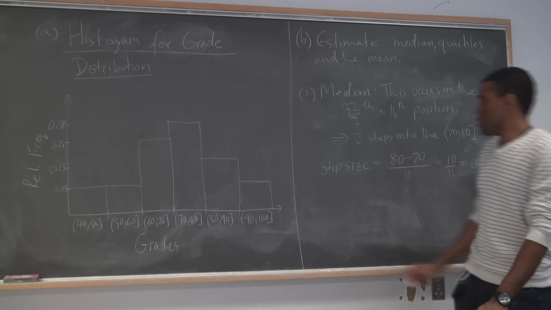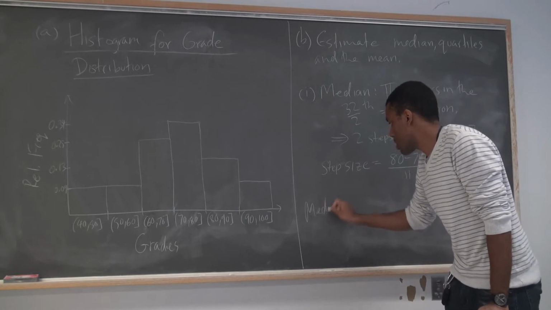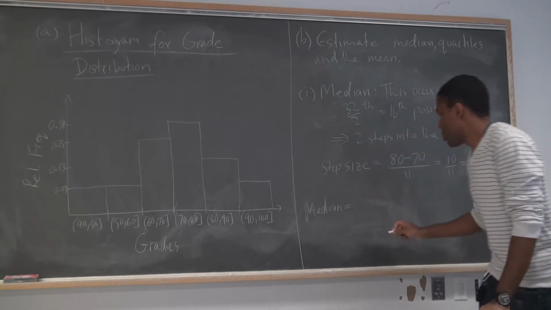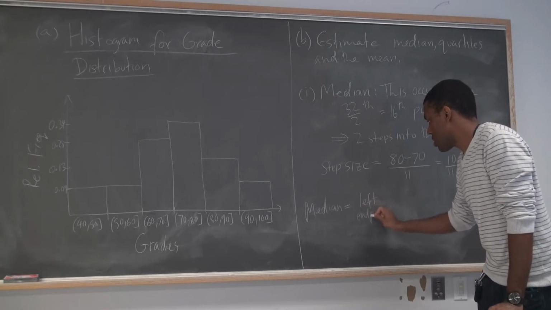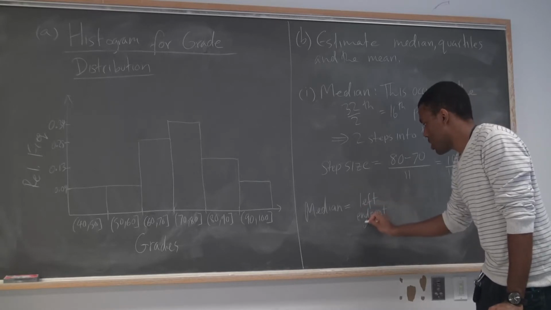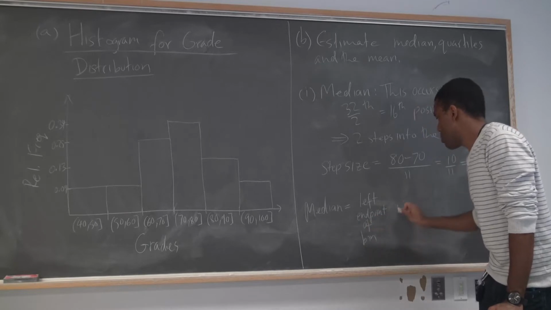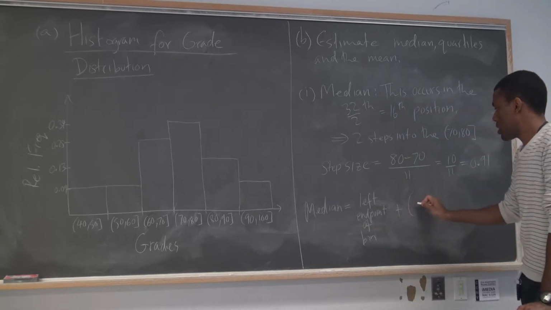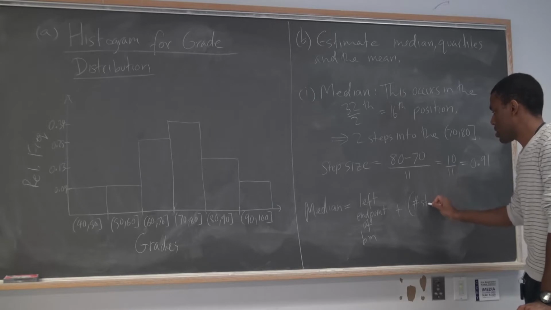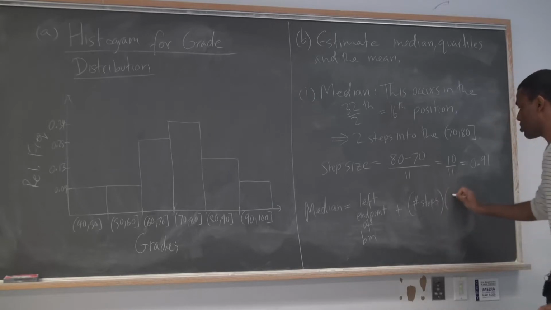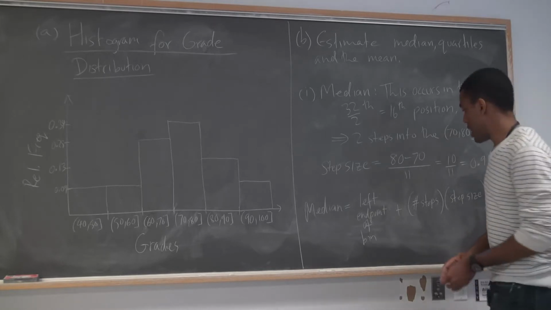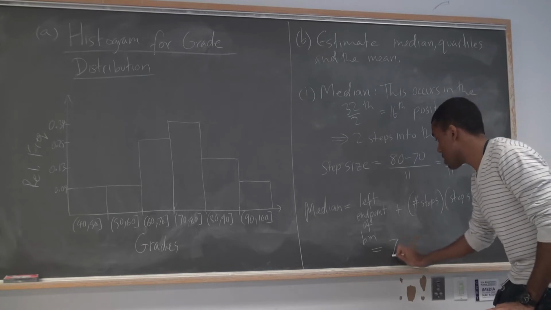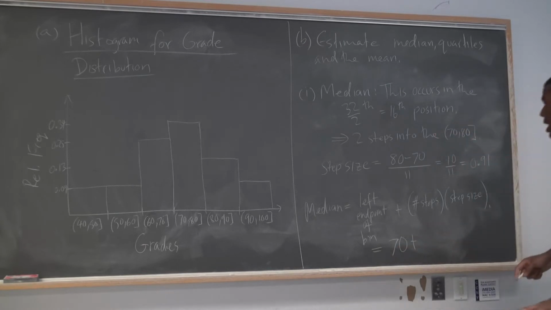So basically what do we do? The median is going to be equal to the left endpoint of the bin plus the number of steps we need times the step size. That tells you how far into the bin we want to go. So we start at 70 and add the number of steps.